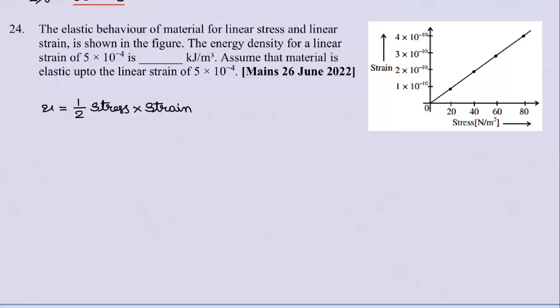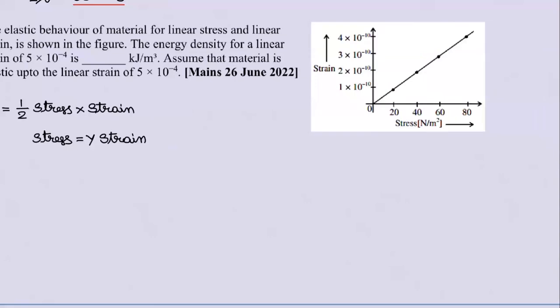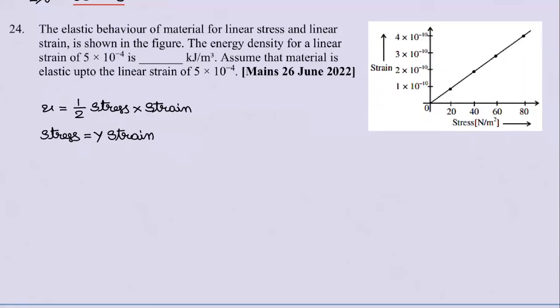Half stress into strain is the energy density. Now you know very well stress is equal to Young's modulus into strain. Now the logic is very simple: we have two formulas and we just need to substitute. Suppose strain is given, stress is not given. So replace stress with Young's modulus into strain.